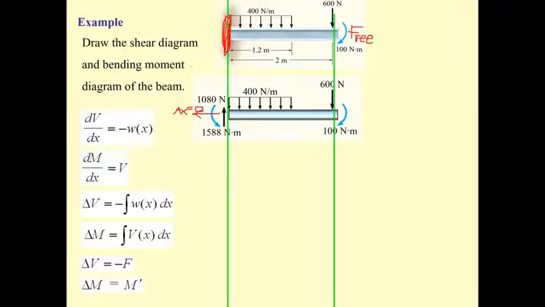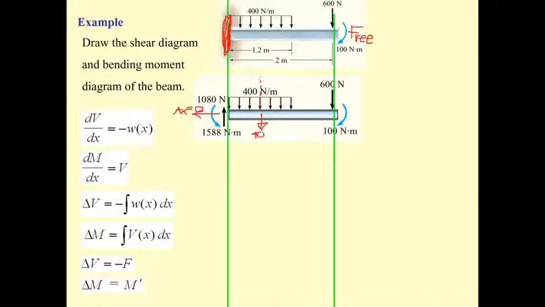Then by this free body diagram, you may see that this one will have the uniformly distributed load over here.